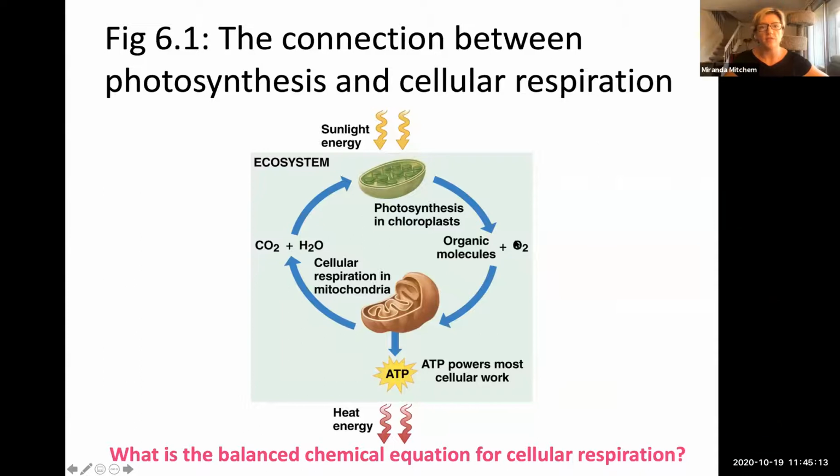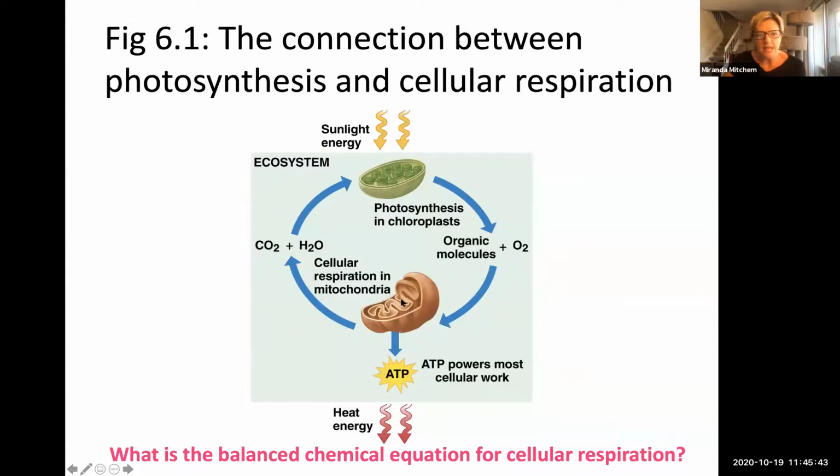This happens in the chloroplast, specifically in the thylakoid membranes of those chloroplasts. So think back to the module on cells. It produces glucose, other sugars too, and molecular oxygen. And then these molecules are harnessed in the process of cellular respiration to generate energy.